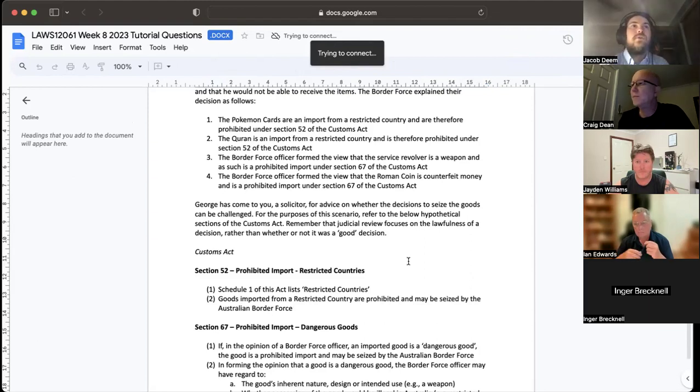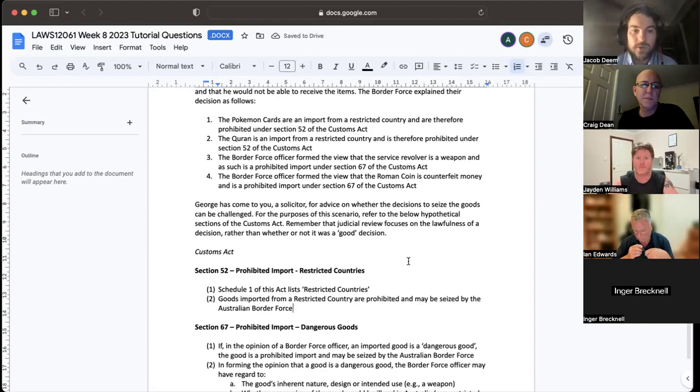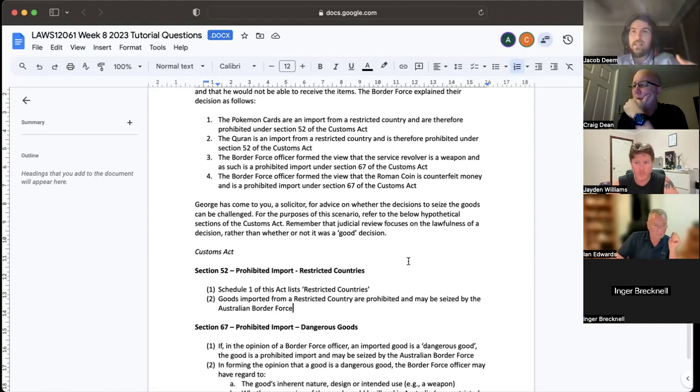And so when we're thinking about the difference between jurisdictional and non-jurisdictional facts, when we're thinking about what the decision maker's authority includes, it includes the decision about what we are going to do with a good that's from a restricted country. But it doesn't include deciding whether the good is from a restricted country or not, right? That's got this element of externality or objectivity to it, right?